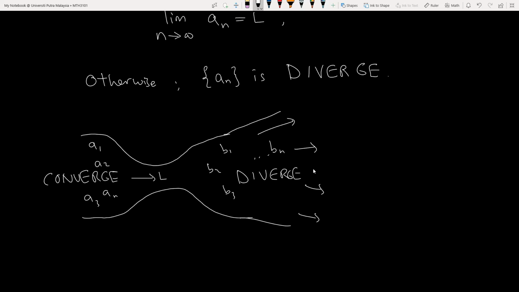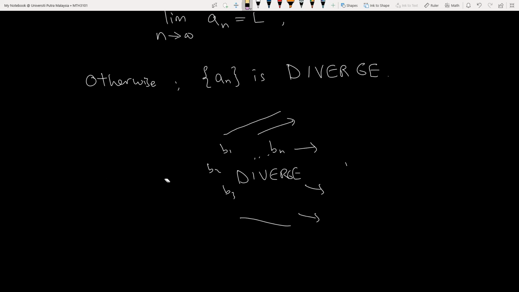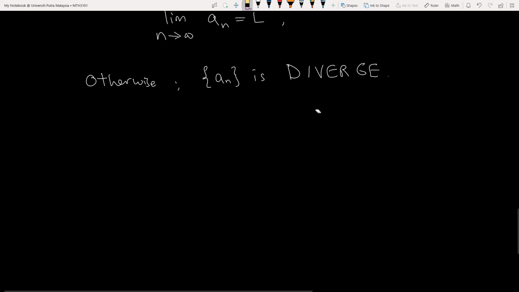So this is like a flow coming from the left, like a converging-diverging nozzle. Diverge doesn't go to any specific value, and converge goes to a single value. Okay, the key point in this case is how to find the formula. If it's not given, then you might have to do that on your own.